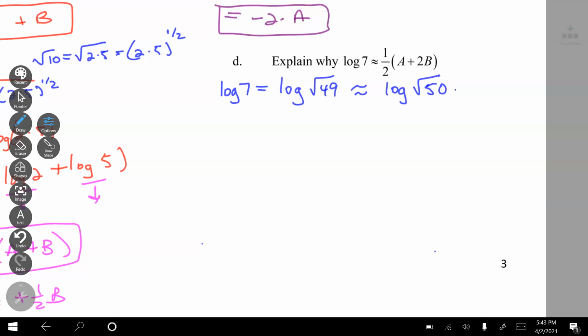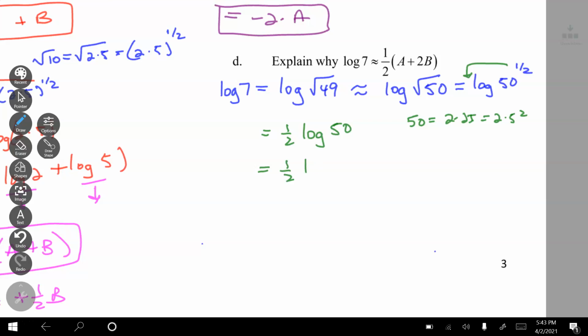Well, this is just log of 50 to the 1/2 power. I know this guy's going to jump up front, so I have 1/2 log of 50. Well, for me to break up 50, it is 2 times 25, which is 2 times 5 squared. So I could rewrite this as 1/2 of the log of 2 times 5 squared.